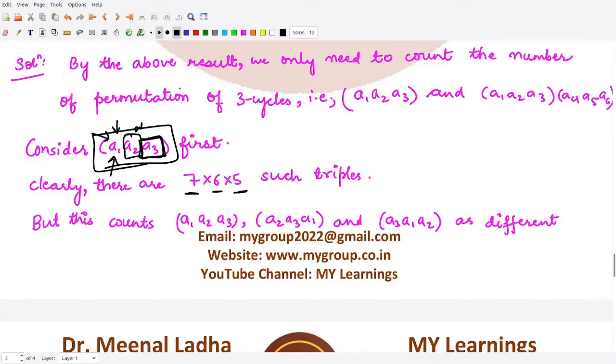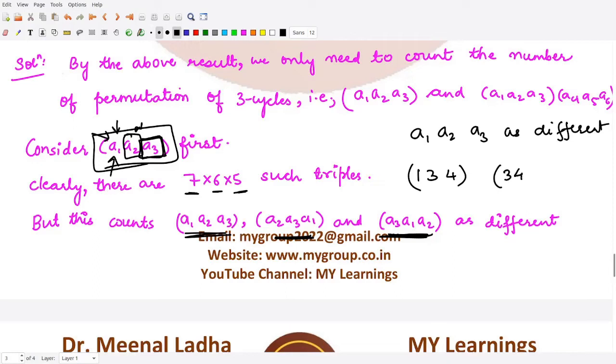But in these triplets, because we are treating A1, A2, A3 as different entities, it would consider the arrangements A1, A2, A3; A2, A3, A1; and A3, A1, A2 as different. However, within a permutation, this is the same thing. Suppose we take these numbers: writing 1, 3, 4 is equivalent to writing 3, 4, 1, which is equivalent to writing 4, 1, 3. Why?